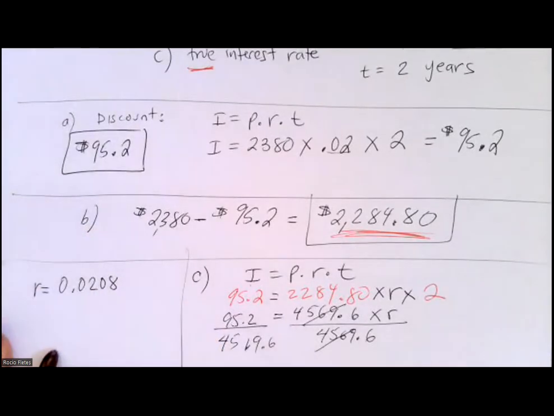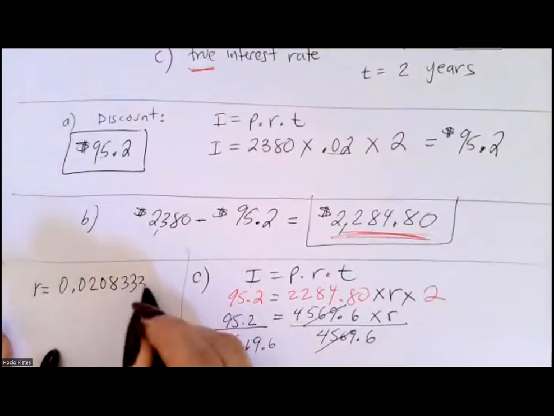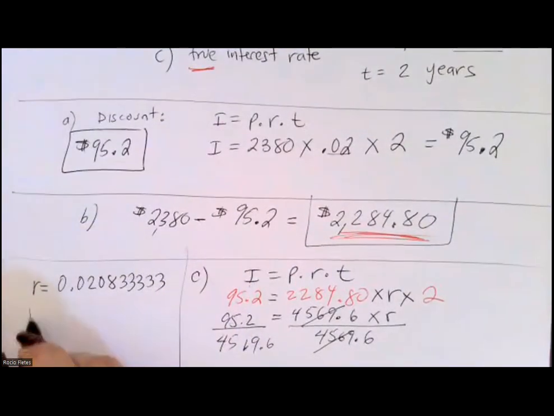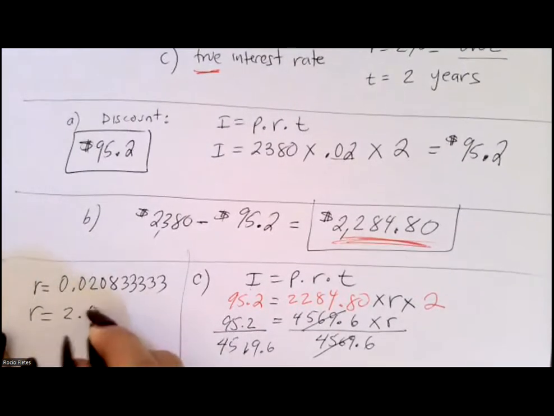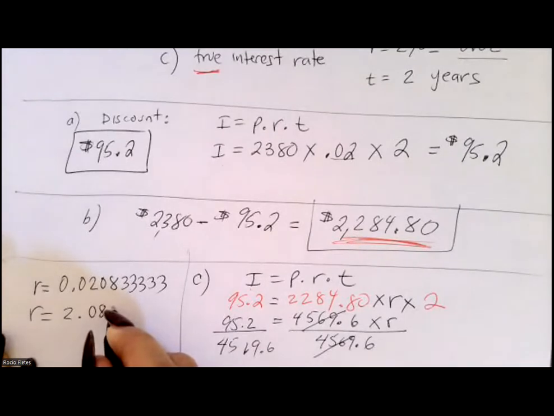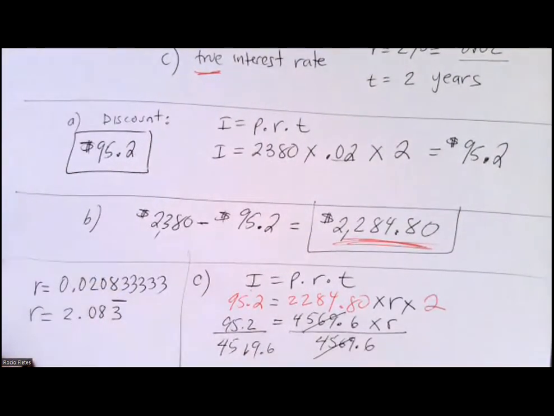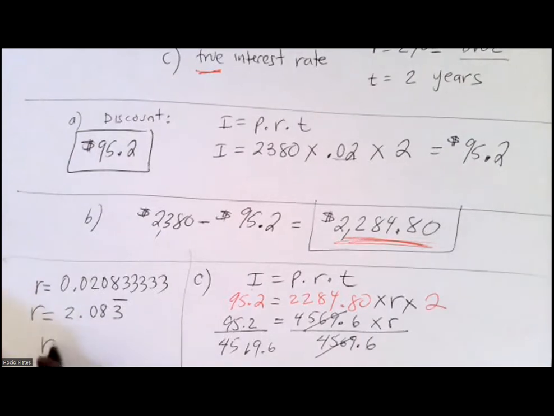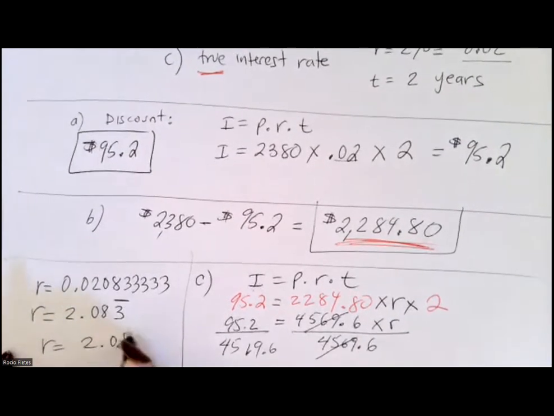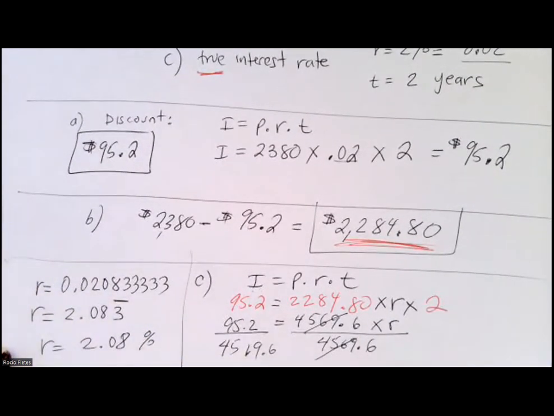So what you get here is 0.0208, and then how many threes? 1, 2, 3, 4, 5. Now multiply by 100, and that gives you 2.08, and then all of those threes repeating. But then you want to round to the nearest hundredth of a percent. So it's going to be 2.08%.